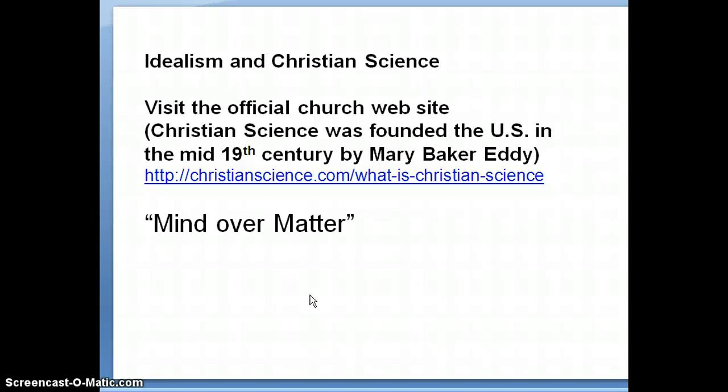If you read about idealism, we know that the essence of idealism is that the idea comes first. So rather than the idea coming from practical experience, in idealism, the idea is the origin of the experience that follows.